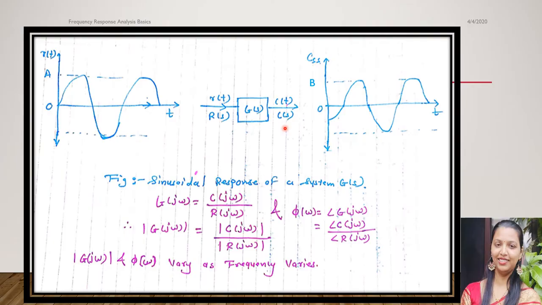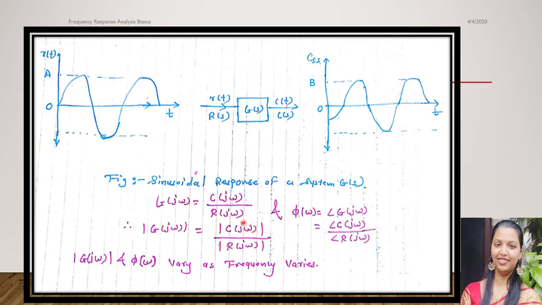The sinusoidal transfer function G(j omega) can be obtained by substituting s equal to j omega. So we get G(j omega) is equal to C(j omega) upon R(j omega).